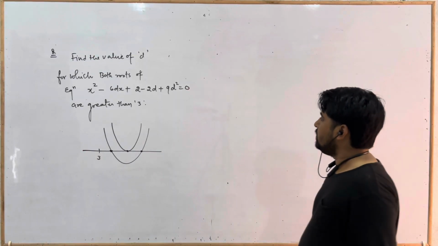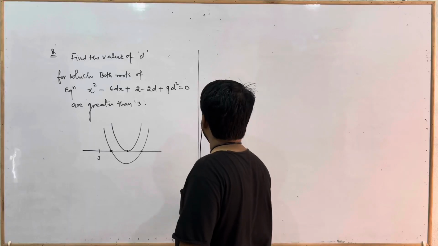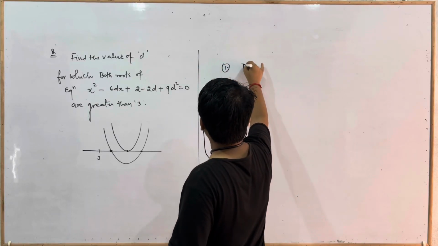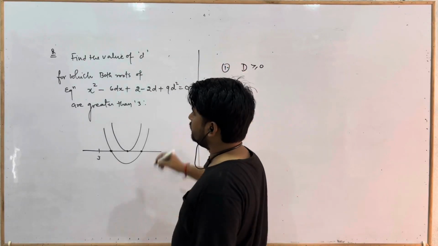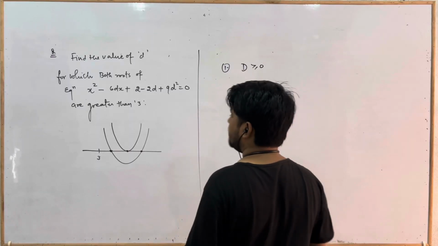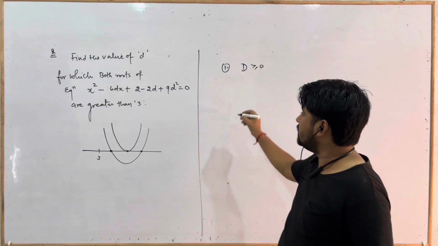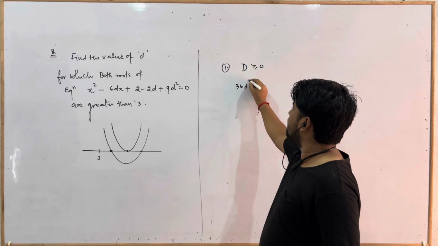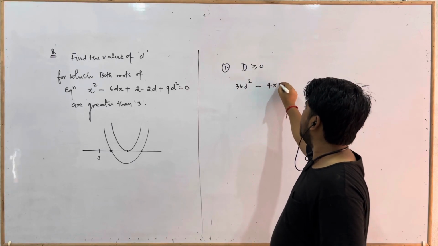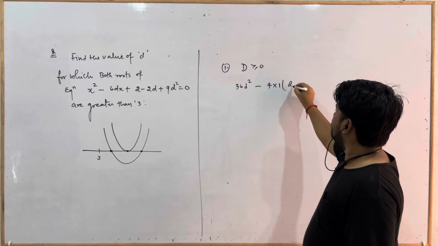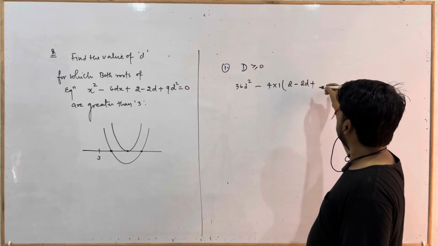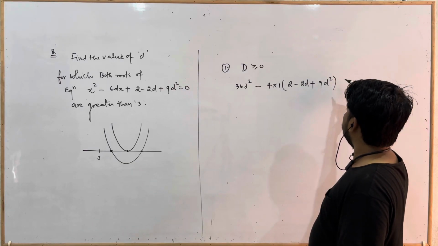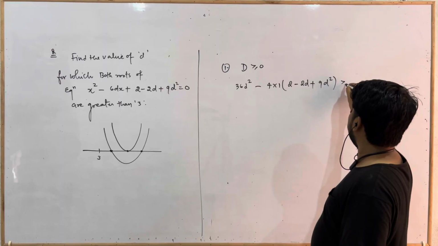So first of all, the first condition is what? D should be greater than or equal to 0. So what is D here? B square minus 4AC, that is 36d square minus 4 into 1 into (2 minus 2d plus 9d square), and that is greater than or equal to 0.